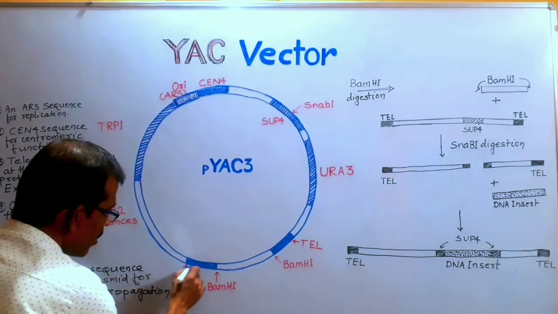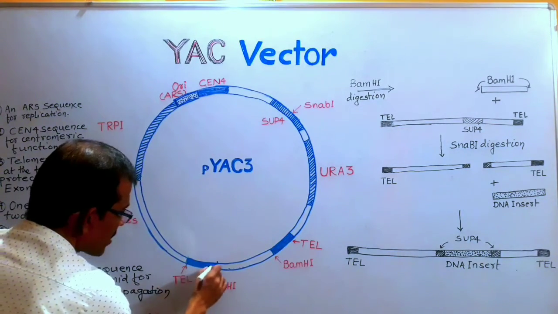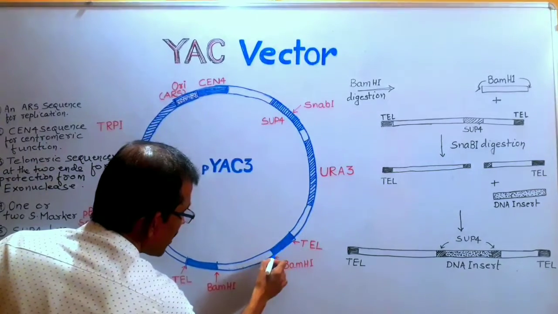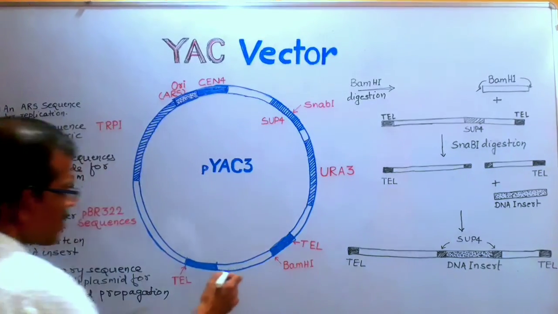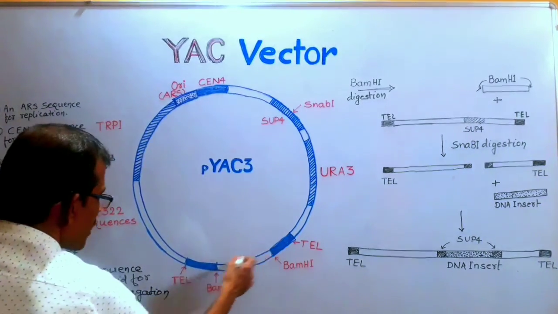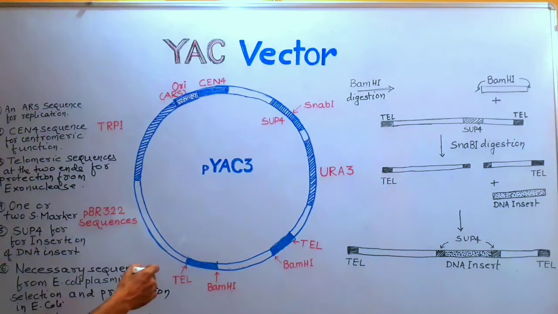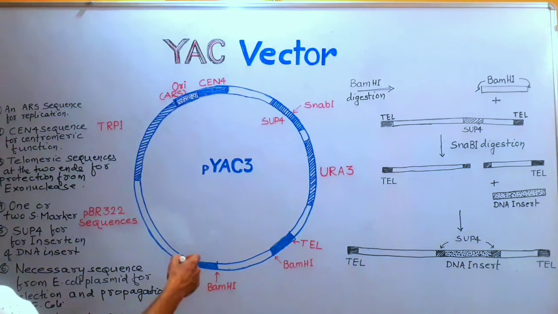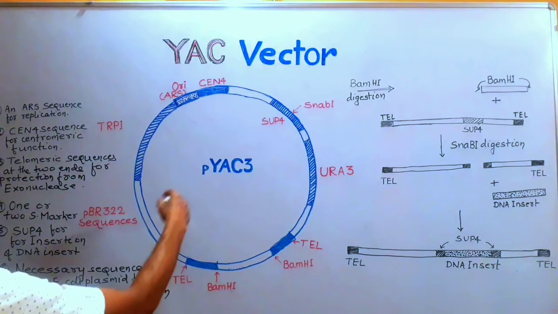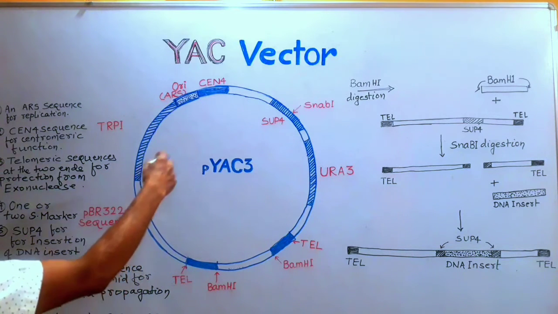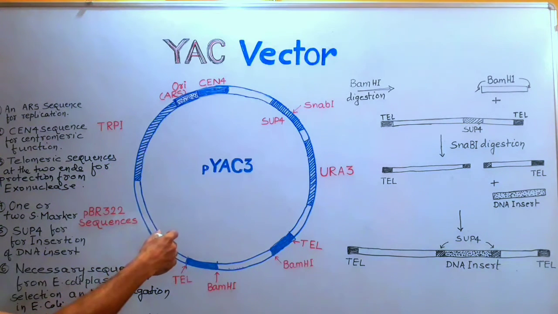This is a telomeric sequence and this is another telomeric sequence. These two telomeric sequences are useful for protection of this yeast artificial chromosome from exonuclease.